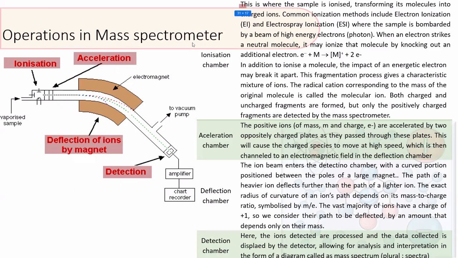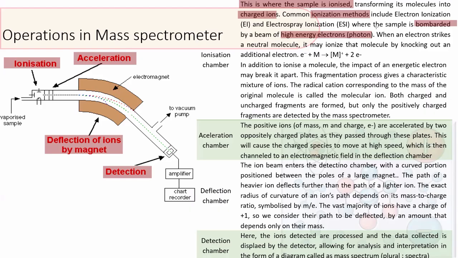In the ionization chamber, the sample is ionized, transforming the molecule into a charged ion. Common ionization methods include electron ionization and electrospray ionization, where the sample is bombarded by a beam of high energy electrons. Now always remember that this is also a negatively charged electron.